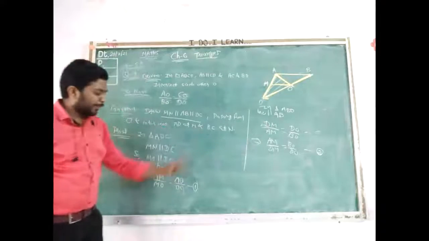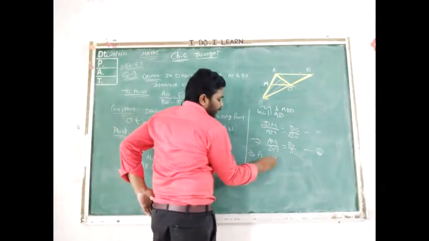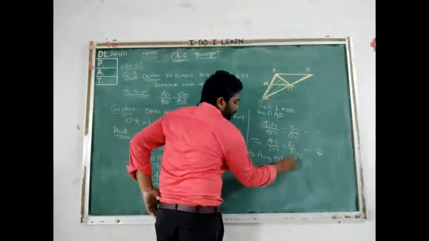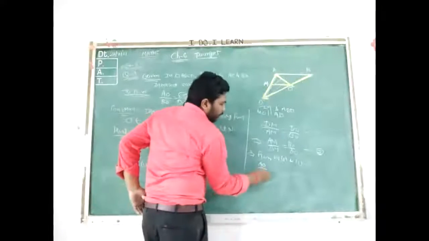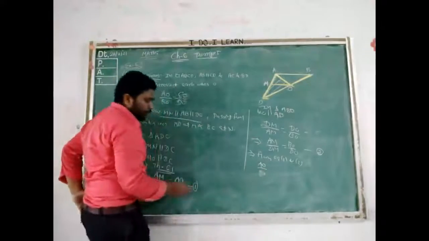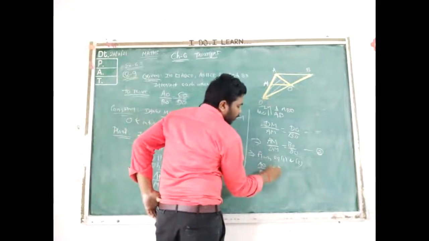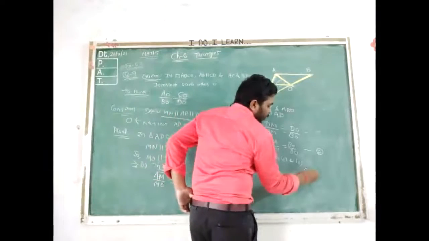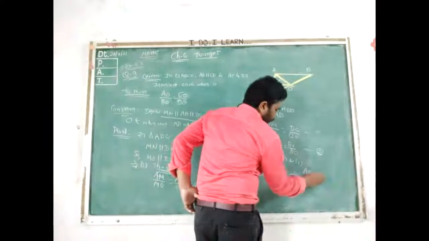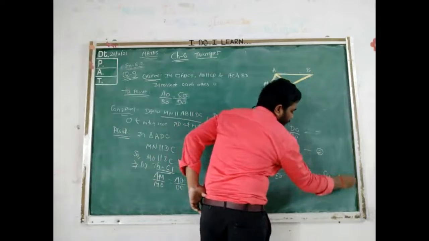Now from equations 1 and 2, AO upon CO is equal to BO upon DO, and from this I can write AO upon BO is equal to CO upon DO. Hence proved.